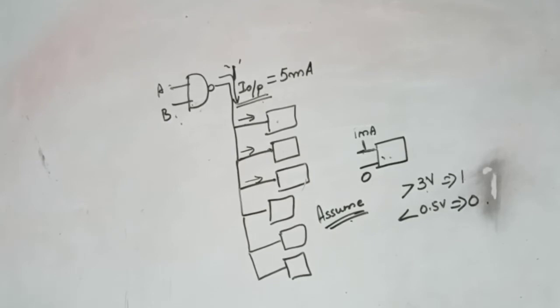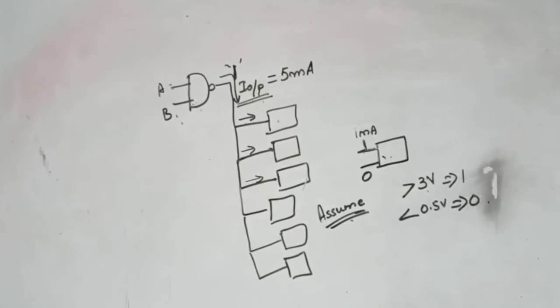A minimum of this much current should flow to the input of these gates so that it is treated as a logic 1. So I am saying that a minimum of 1 milliampere should flow to the input of each of the gates, so that that particular voltage is treated as a logic 1.